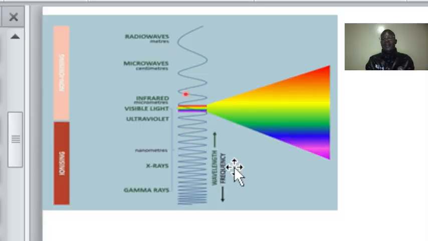Now, there's another property that we cannot overlook. This property is not really of ultraviolet, but of the visible light.